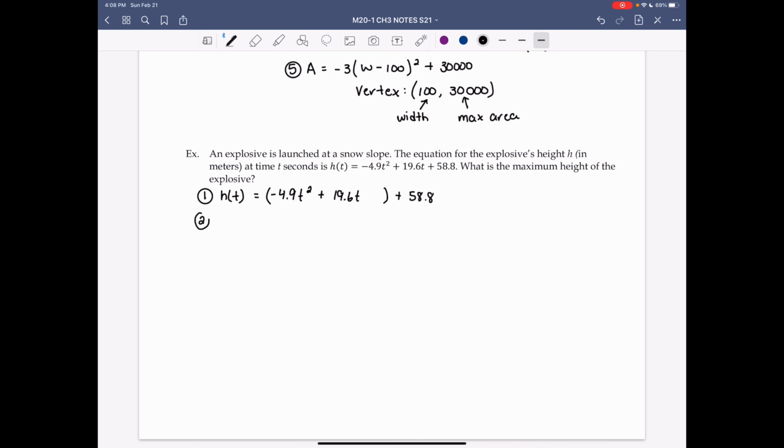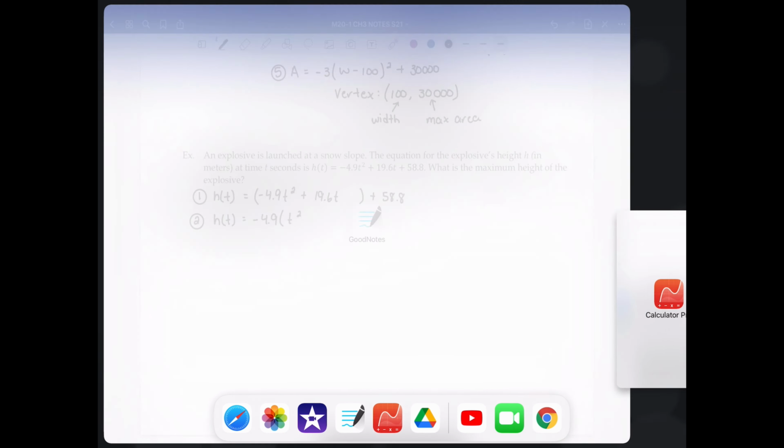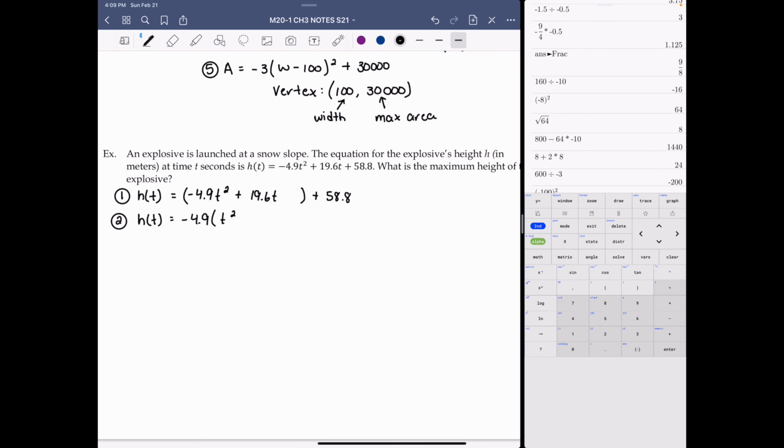Step 2, factor out the number in front of t squared, which is negative 4.9. h of t equals negative 4.9 bracket t squared, definitely need my calculator, 19.6 divided by negative 4.9 is negative 4.